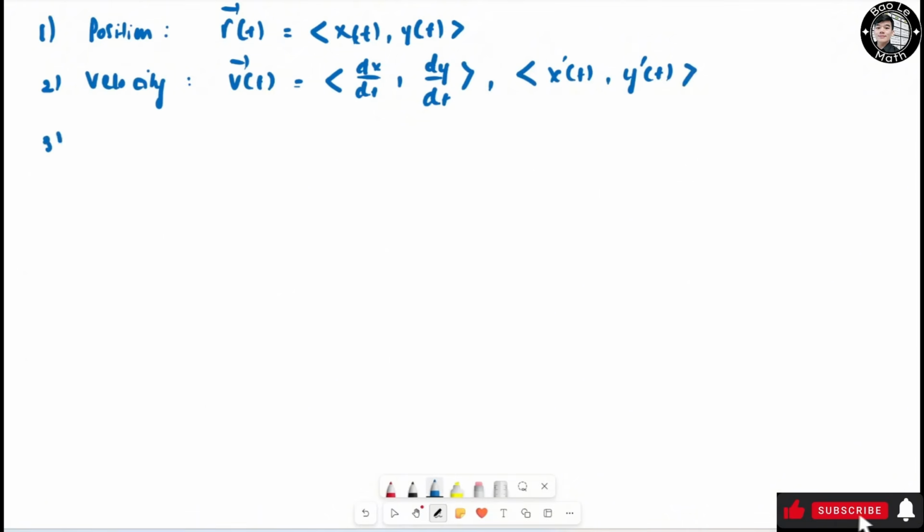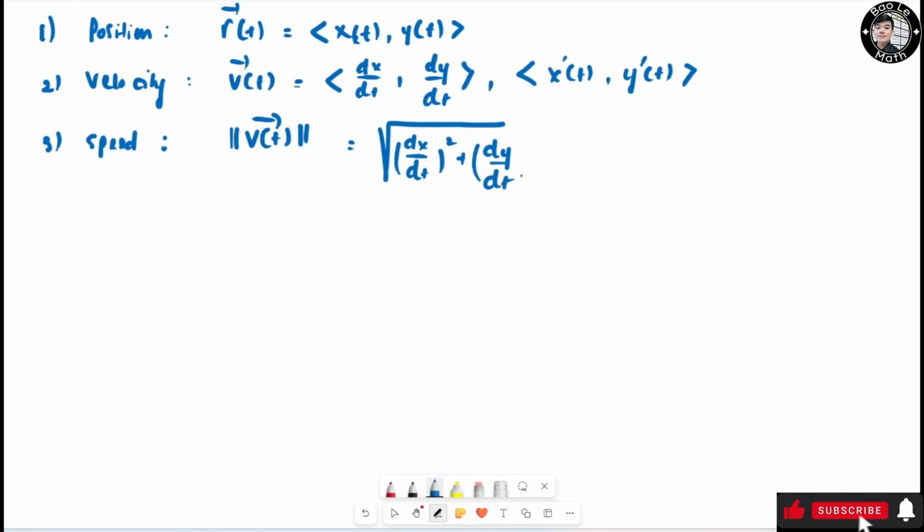Number 3, we're going to talk about the speed. The speed is the magnitude of the velocity vector, so it could be the absolute value of v of t. So it's going to be the square root of ds over dt squared plus dy over dt squared.